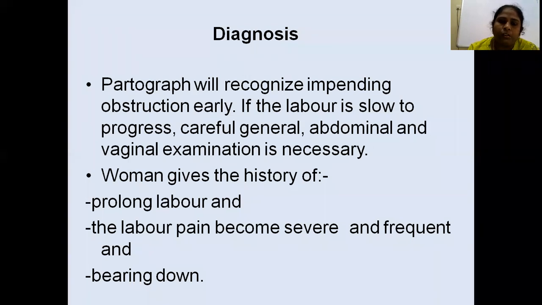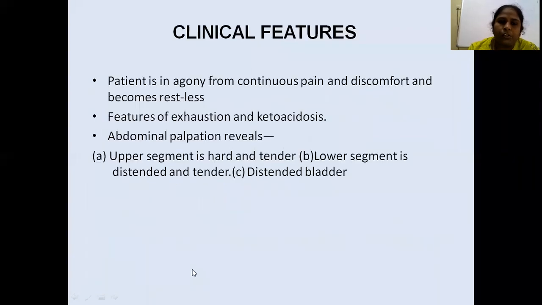How you can diagnose obstructed labor: the woman gives a history of prolonged labor, like more than 18 hours of a latent phase. The labor pains become severe and frequent, and she will be bearing down. The patient will be in agony from continuous pain and discomfort, restlessness, dehydration, exhaustion, ketoacidosis.